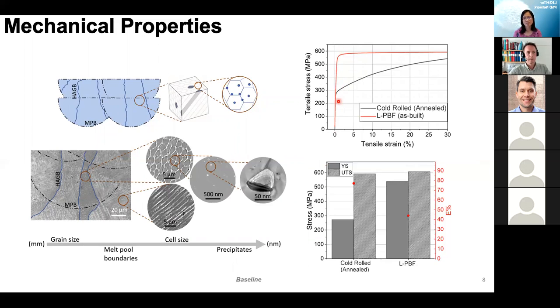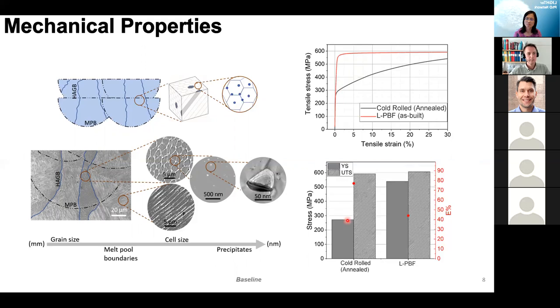So here we have a tensile test, meaning that we create the tensile test bars, and then we pull it until it breaks, and then we measure how much it can withstand. Here we compare it to a cold rolled, conventionally manufactured 316L, and as you can see, we have a very increased yield strength. The yield strength is where the curve starts to bend.